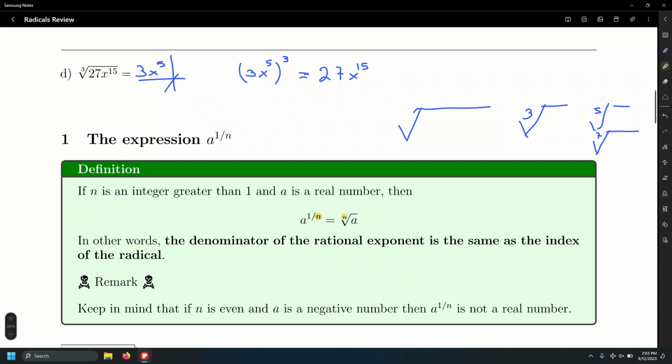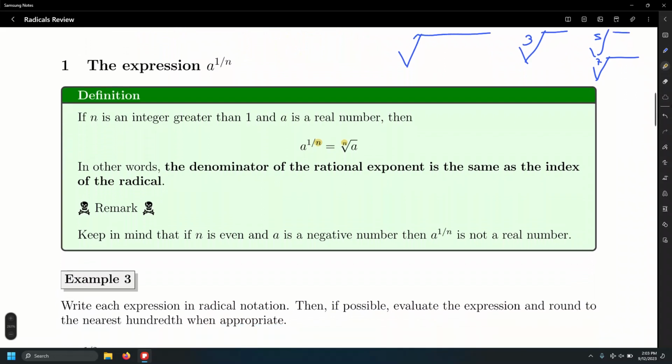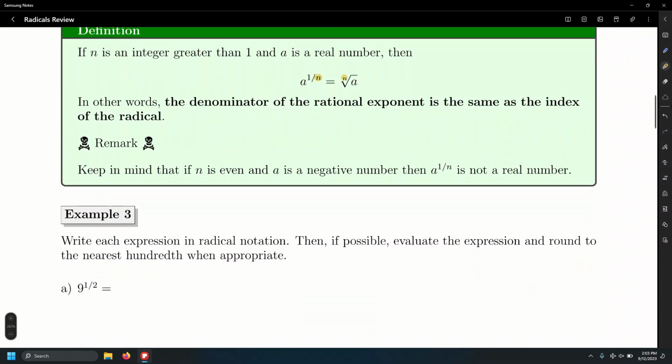And again, keep in mind that if the index is even, like the square root, the fourth root, the sixth root, then that root of a negative number is not going to be a real number. That's what gives rise to the set of complex numbers. And again, we're going to discuss those later in the semester.